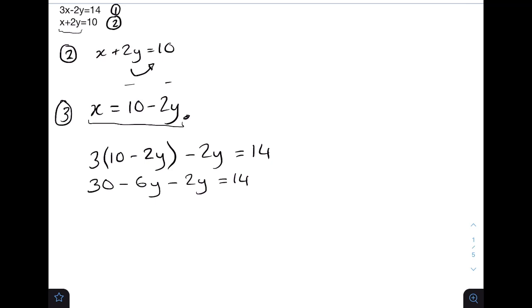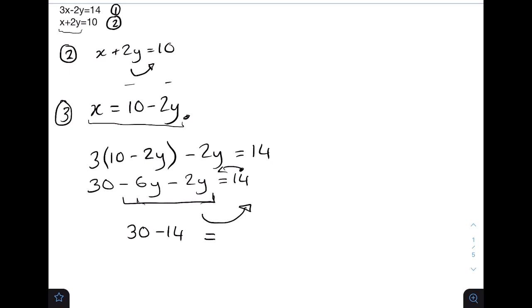So let's try to move the y pieces all onto the right hand side, and then move this 14 over to the left hand side. So we have numbers on the left and y terms on the right, and then we can do a little bit of division to get y on its own. So we have 30 minus 14, because we're bringing that 14 over from the right, equals the y pieces we've highlighted before, brought over to the right.